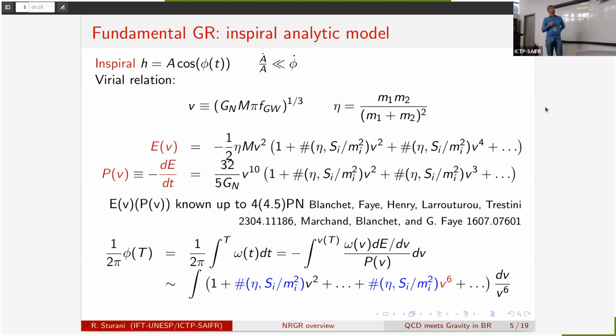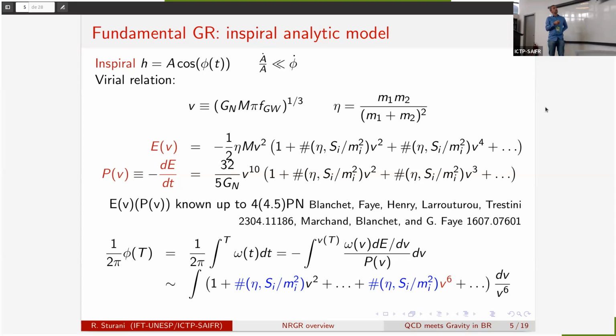So why are these two functions enough? Well, because the phase is the integral of the angular velocity, tautologically. And now we plug in the dynamics. We just make a change of variable, which mathematically is trivial, but physically it encodes these two functions into the determination of the phase. You see the dt, which is here, and this is omega, and we write the dt as dE over dv divided by the luminosity, which is dE over dt.